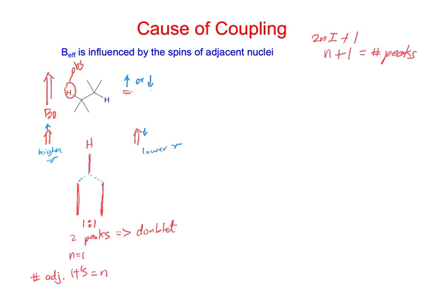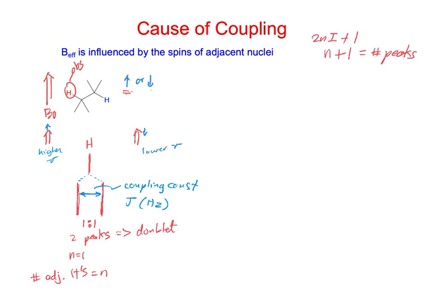Okay, so let's just finish this. The distance between these two is the coupling constant, and it's usually referred to as J, and that J value is in hertz.